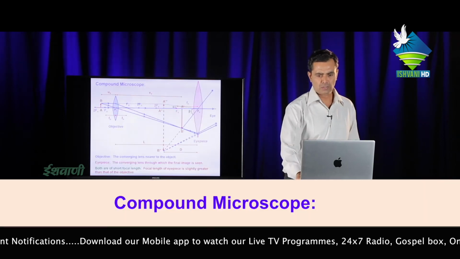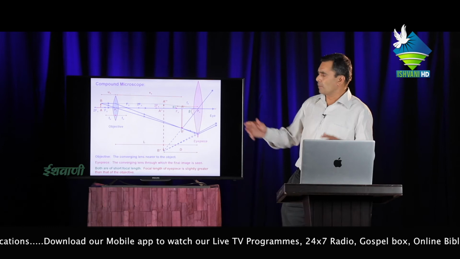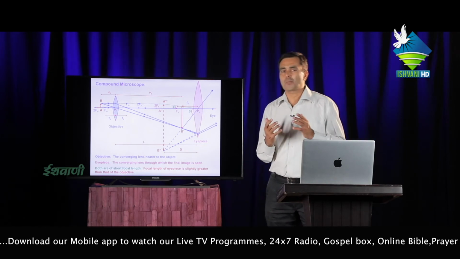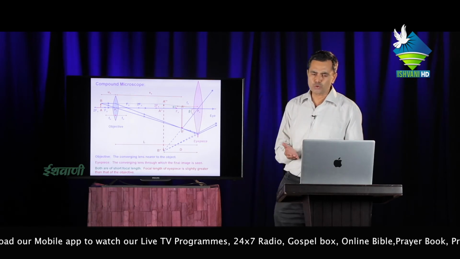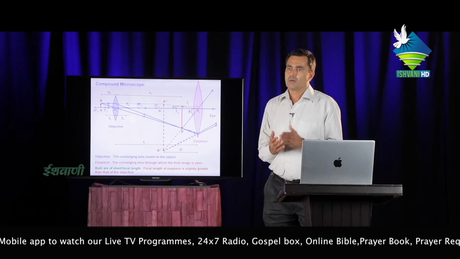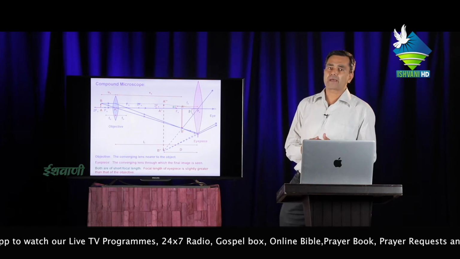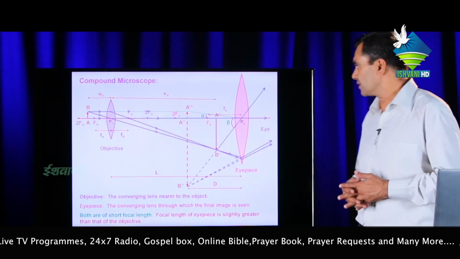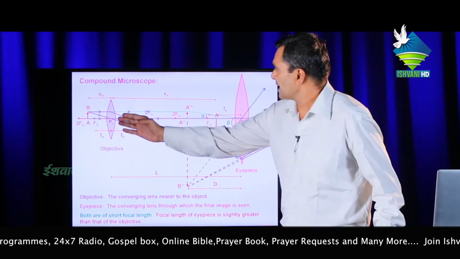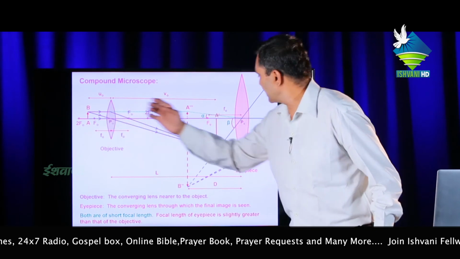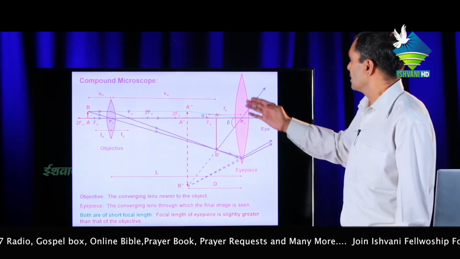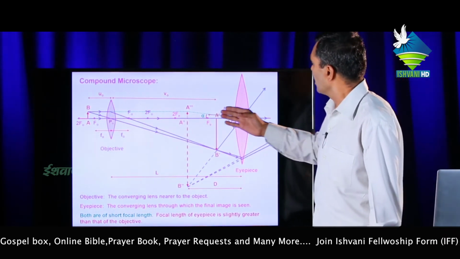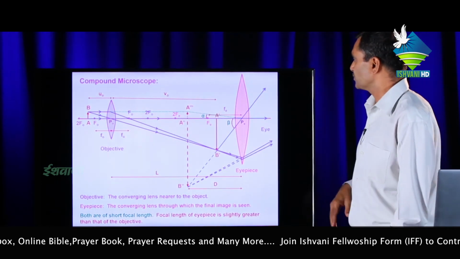Next question, compound microscope. A compound microscope is an optical device used to see magnified images of tiny objects or particles. In the figure, this is the lens of low focal length, and this is the lens of large focal length.